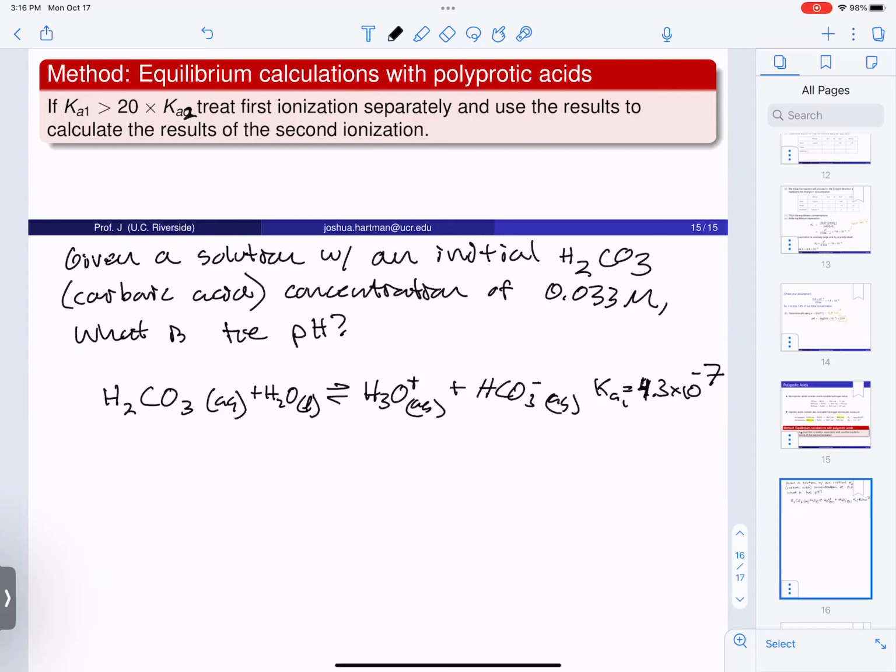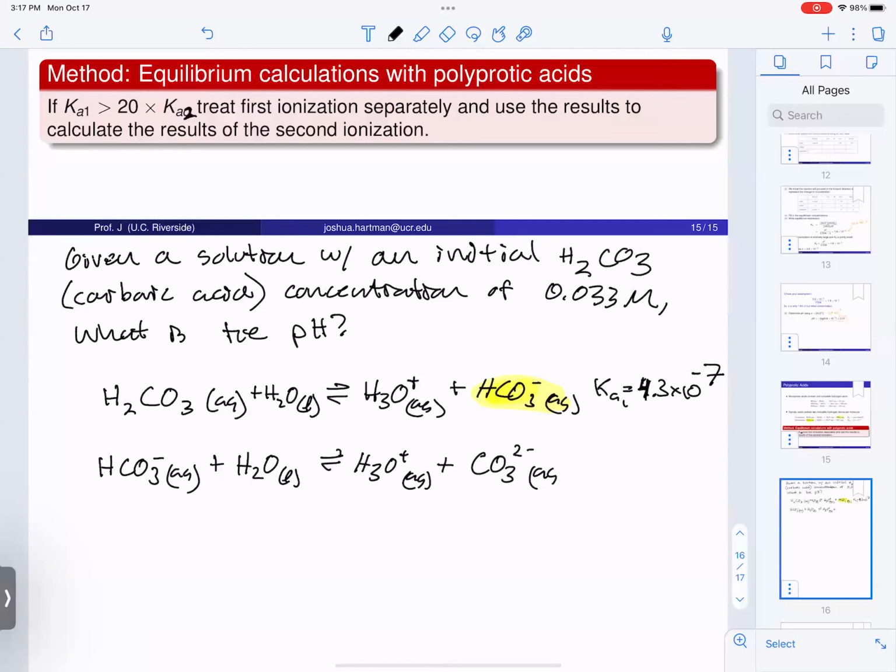Now remember that the product of the first ionization process can then show up as a reactant in a second ionization, because notice we still have H plus present. Now, it's perhaps not surprising to see that the second ionization process corresponds to the loss of another proton, but the equilibrium constant for the second ionization is much, much less, right?